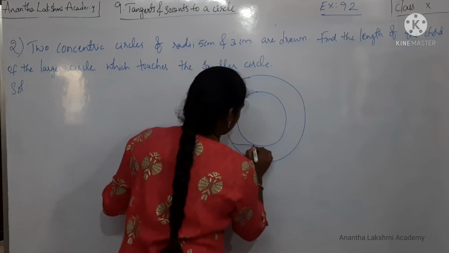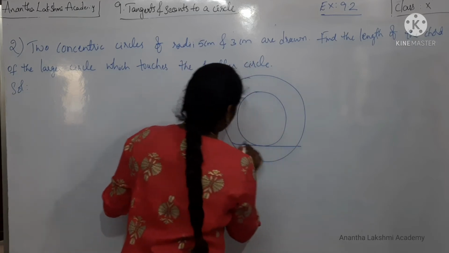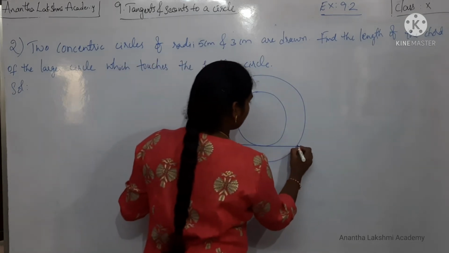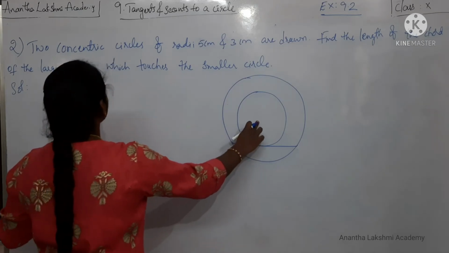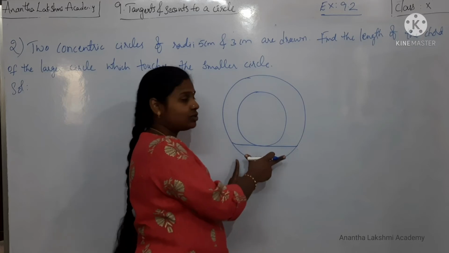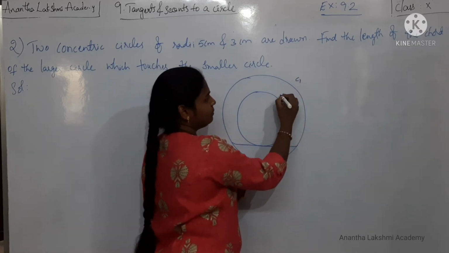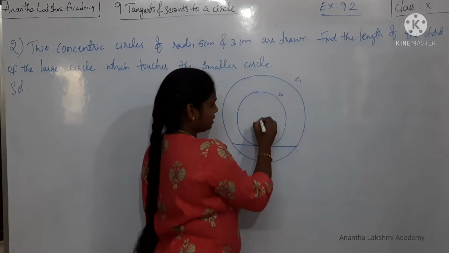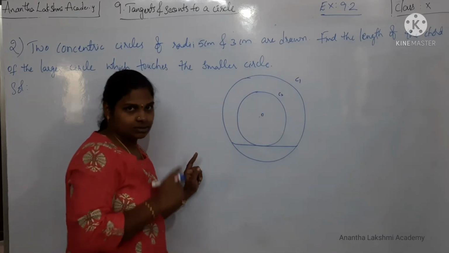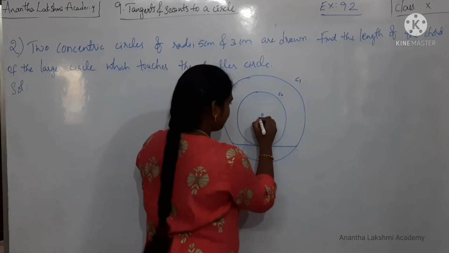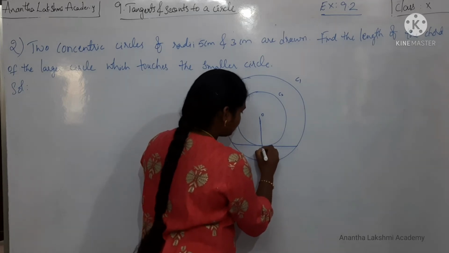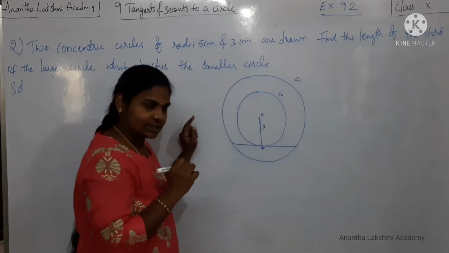So let me draw a chord. A chord is nothing but a line which touches the circle at 2 points, and here the chord is of the large circle and touches the small circle. Now I have drawn a circle. Let C1 be the bigger circle, C2 be the smaller circle, and they have the same center. Concentric circles will have the same center. If I draw a line from O to P, this is the radius of the smaller circle.